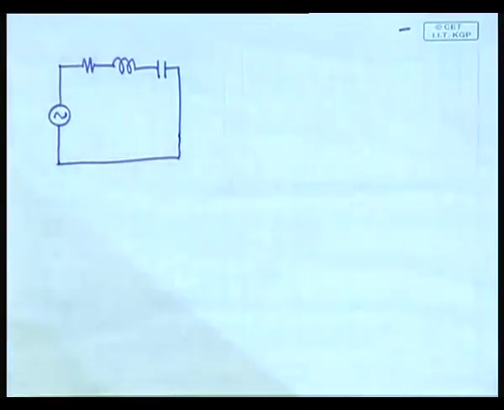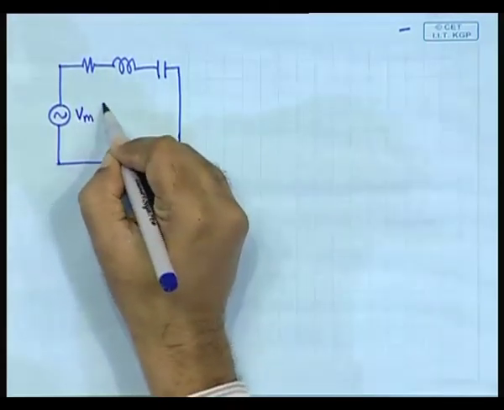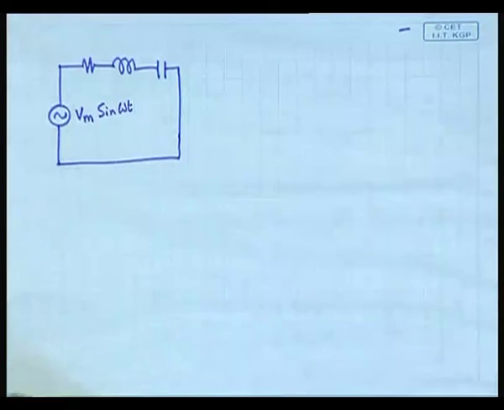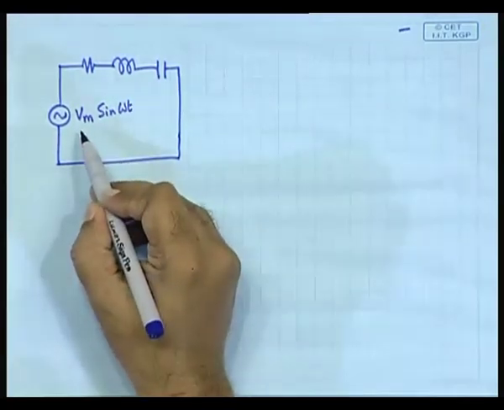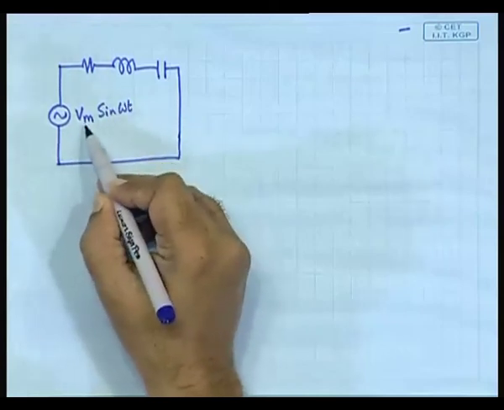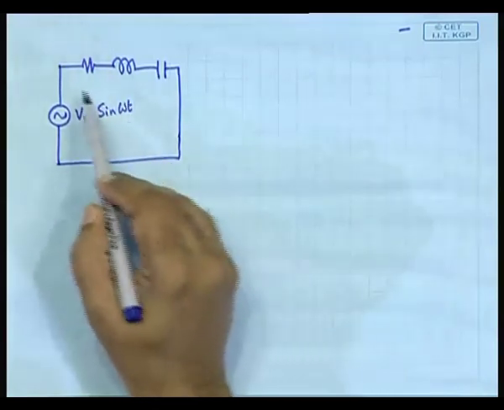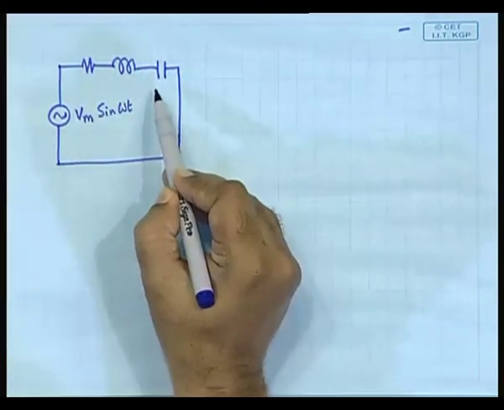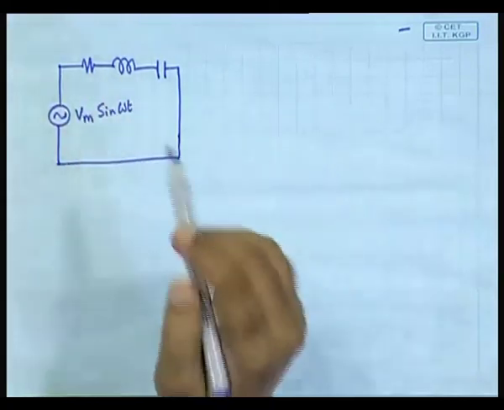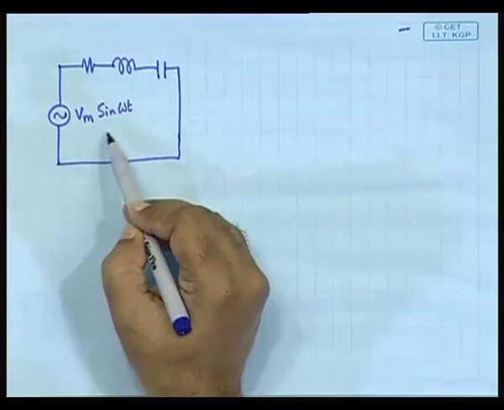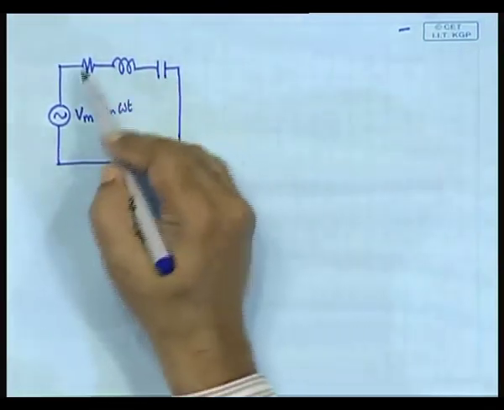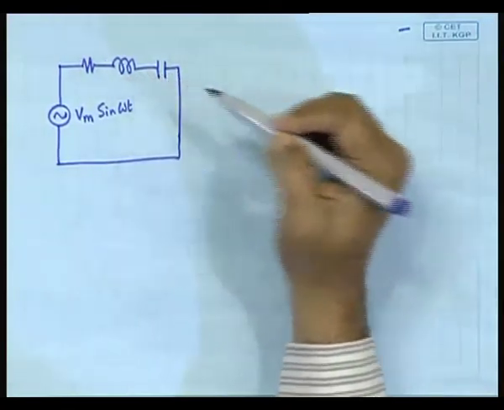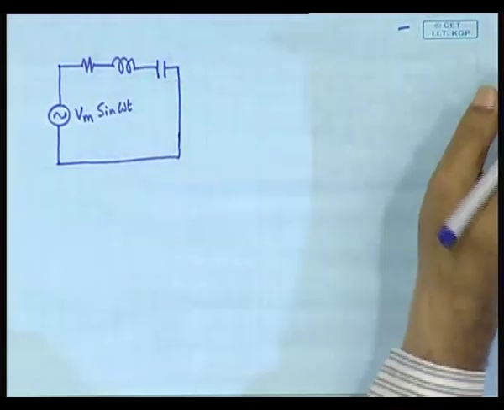all know from basic electrical or mechanical engineering. If this is V m sin omega t, and you assume the phase to be 0, it is V m at 0 degrees, and there will be an equivalent impedance of this whole block, which say is Z. Then the current is V m by Z sin omega t plus or minus theta, depending on the relative magnitudes of the inductor and the capacitor.